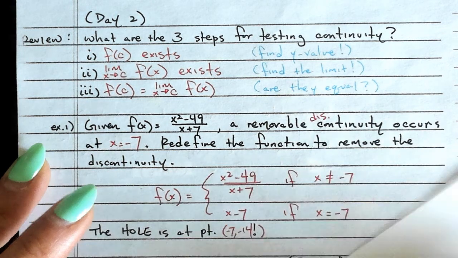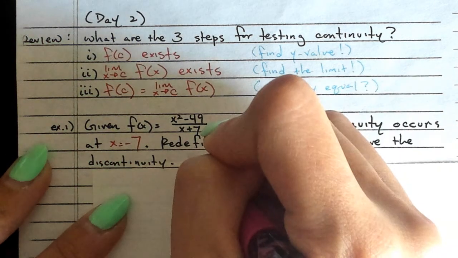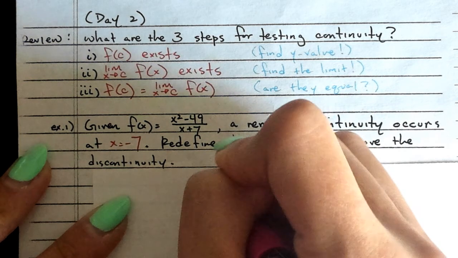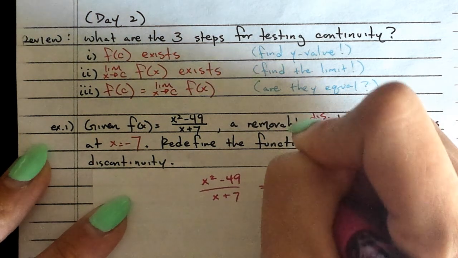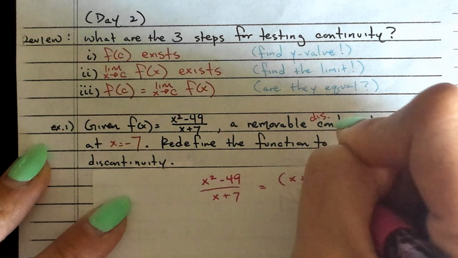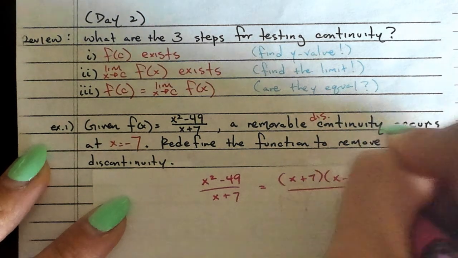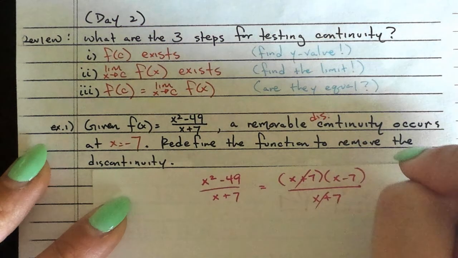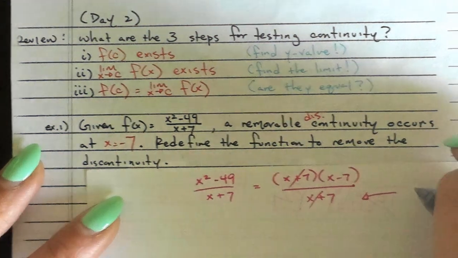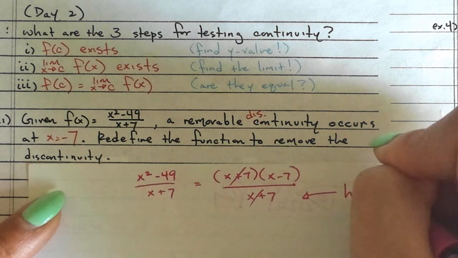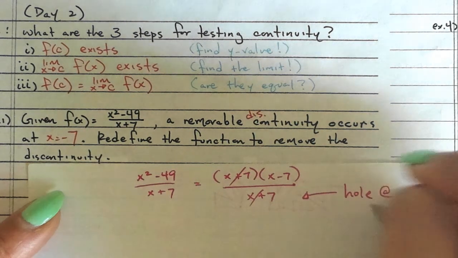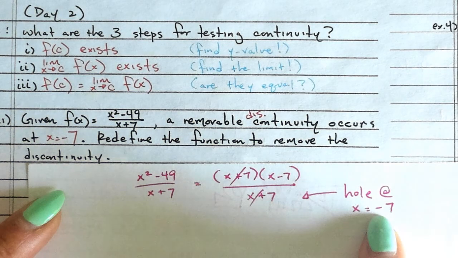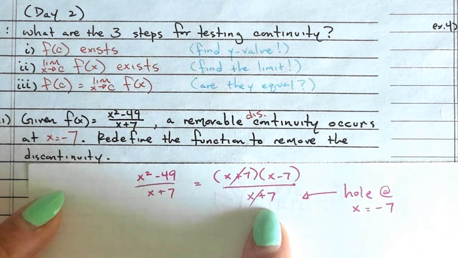Let's see. So if you have x squared minus 49 over x plus 7, that factors into x plus 7, x minus 7, so difference of squares. And then cross cross, what does that really mean? We crossed out a hole. So our hole is at x equals -7, right? So at x equals -7, we have a hole.